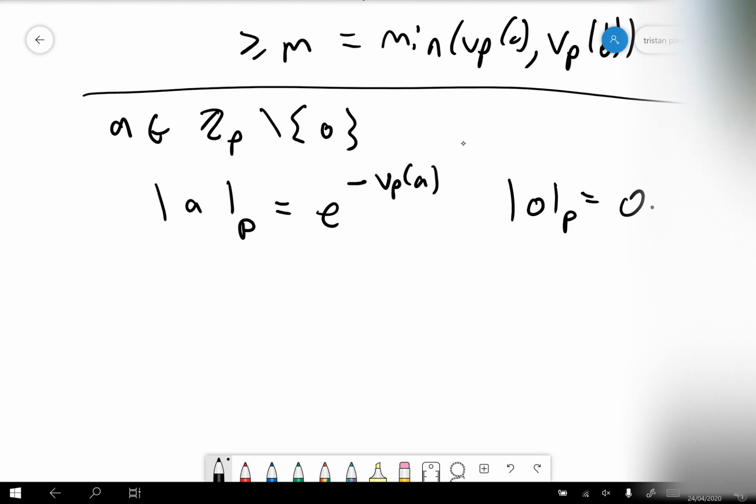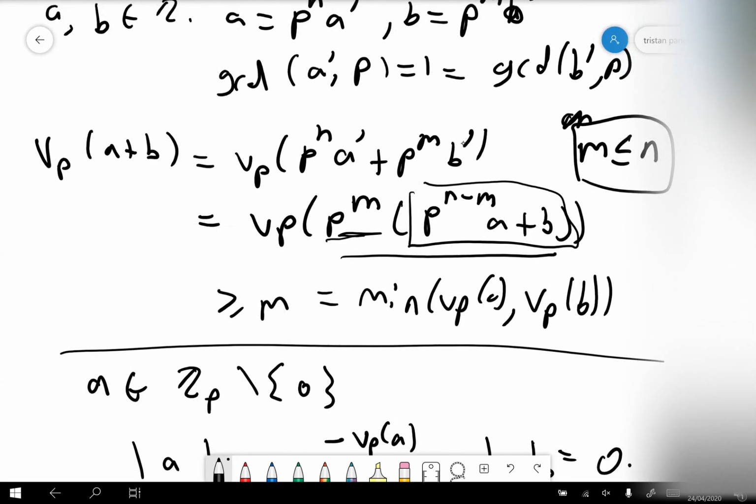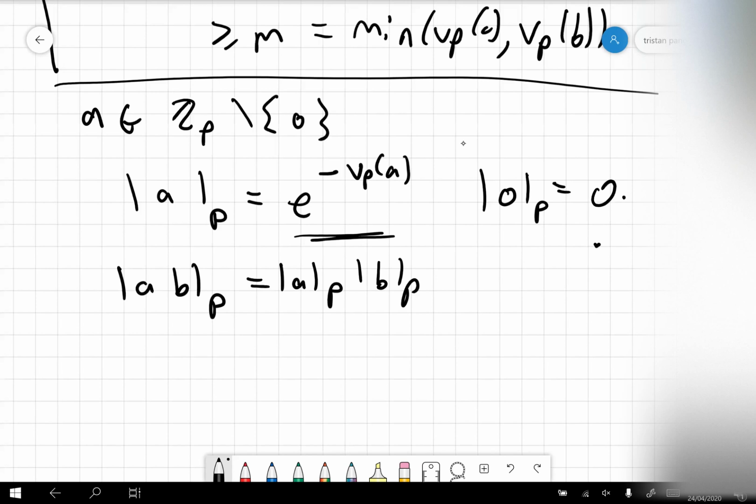In fact, this does define a norm on the p-adics, because clearly this is always greater than or equal to 0, and it's equal to 0 if and only if a itself is 0. This fact is obvious because it's an exponential here. And then by the previous property, we also have the triangle inequality. So this defines a norm, and this is how we define the notion of size on the p-adics.